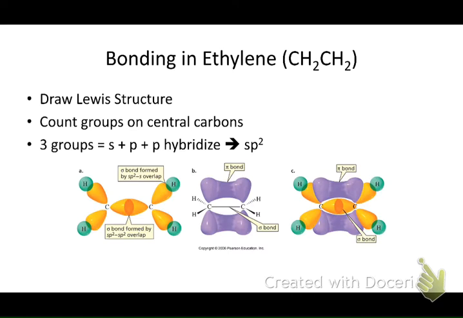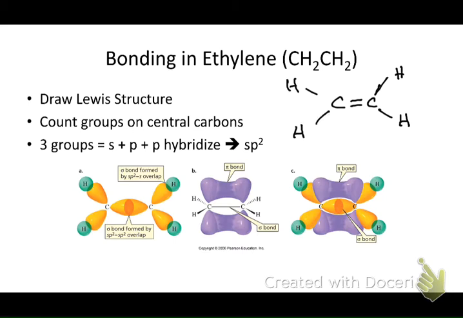Okay, so we're doing ethylene. Sorry, TMI. Ethylene looks like this. I'll just draw it for you, and we'll talk about hybridization. I'll try to draw the bond angles fairly faithfully, but it's trigonal planar on both sides.